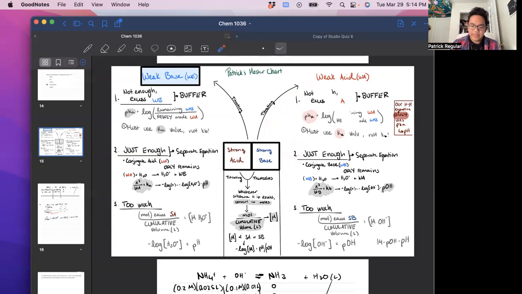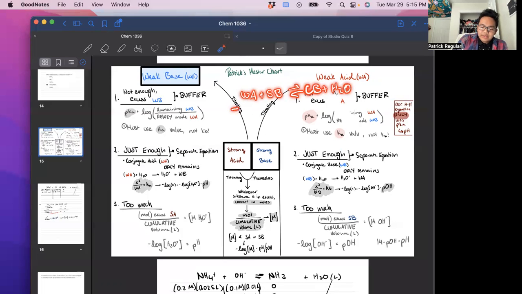The first one, if there's not enough, this is supposed to say not enough strong base, excess weak acid. If you draw an ICE box, weak acid plus strong base, equilibria, you have conjugate base plus H2O.